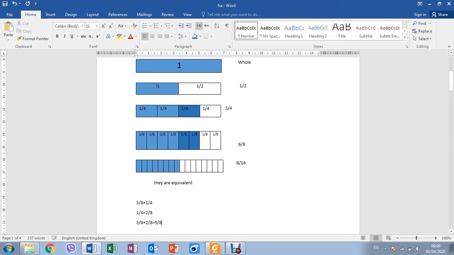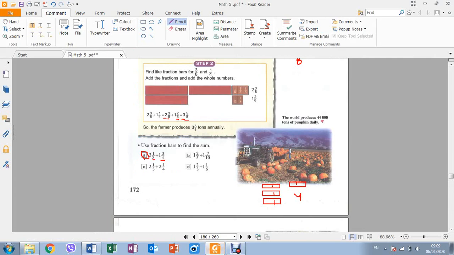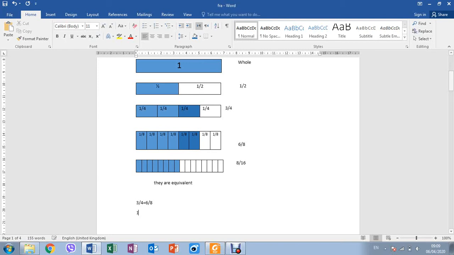Okay, I remove this one too. And the first fraction is 1/8. Our denominator is 8. We don't touch it. Only instead of 3/4 we use 6/8 because our denominator is 8.